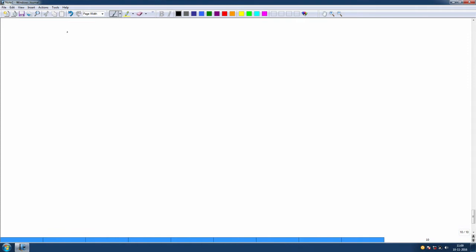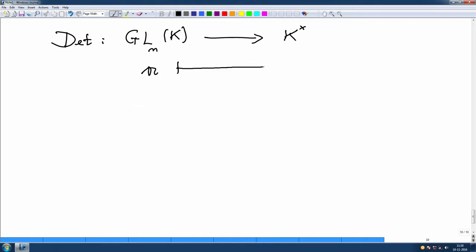So moreover, think of the determinant as giving a map from GL_n(K) to K cross, where any A goes to determinant A. We have noted an invertible matrix cannot have 0 determinant, because the product is 1, and if one of them is 0, the product cannot be 1.